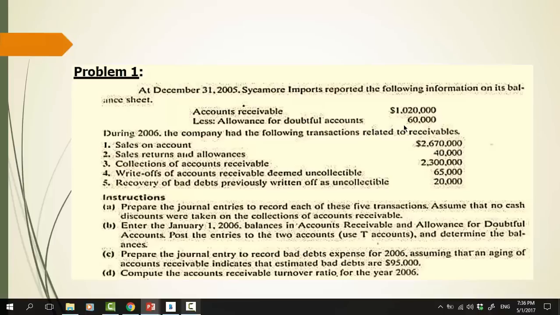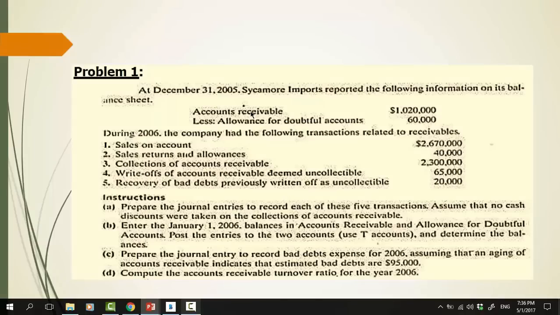For sure it's a credit balance. During 2006, the company had the following transactions. Then the balances given will be at the beginning of the year. Okay. Then sales return, collection, write-off, recovery. I'm required to journalize these transactions.